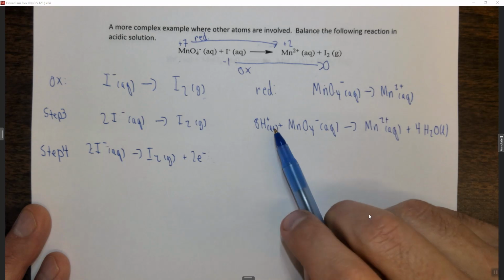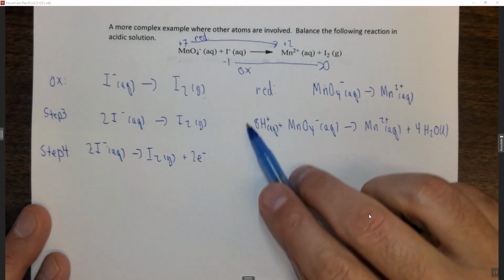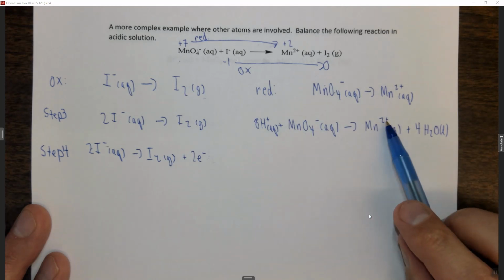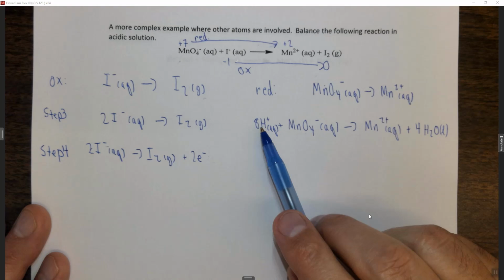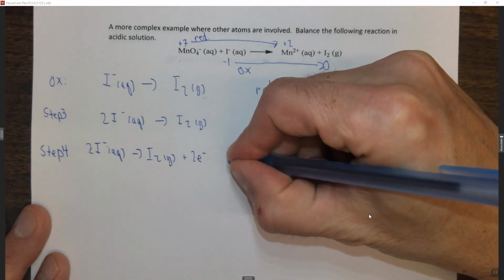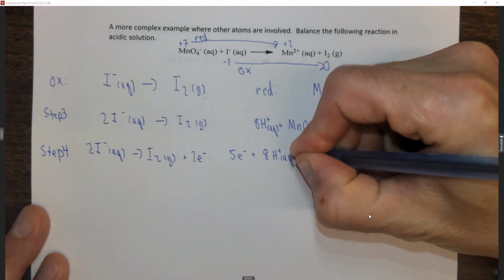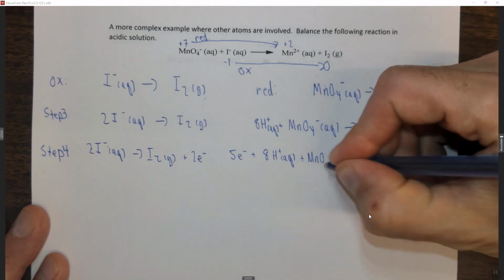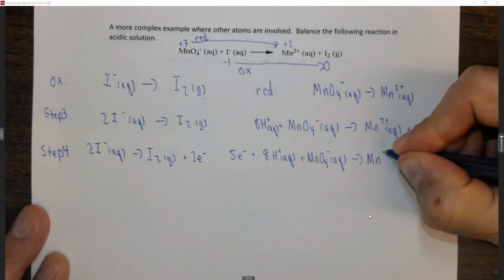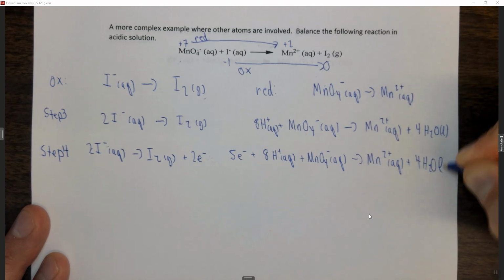Up here, let's take a look. We have 8 H pluses, so 8 plus and a minus, which gives us an overall charge of +7 on this side. On this side, we have +2. So we have 7 plus and 2 plus, so we need to add 5 electrons. So it's going to be 5 electrons plus 8 H plus aqueous plus MnO4 minus aqueous yields Mn2 plus aqueous plus 4 H2O liquid.